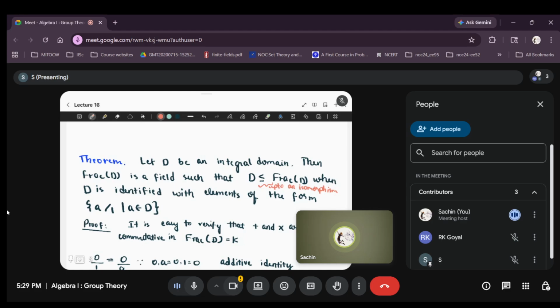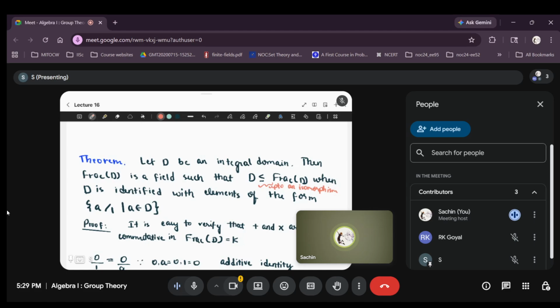It is not very apparent when you look at integers and rational numbers, because we have used it over and over again. We simply feel that 2 and 2 by 1 are the same thing. But here in this framework, 2 by 1 is really the equivalence class containing (2, 1).